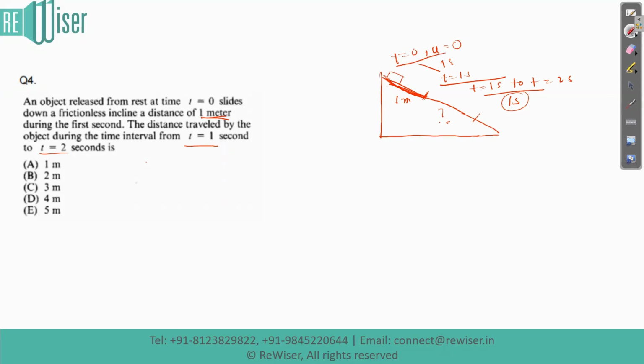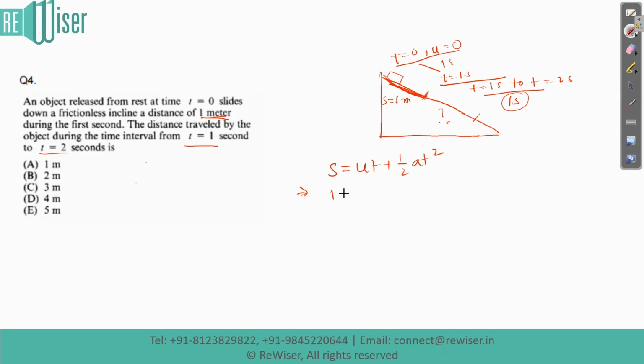We know at t equal to 0, u is equal to 0. That means initially the object was at rest. And we also know the distance traveled is s equal to 1 meter. Now we want to find out its acceleration, and then we are going to use it in the second case. For this, we are going to use the formula s equal to ut plus half at square.